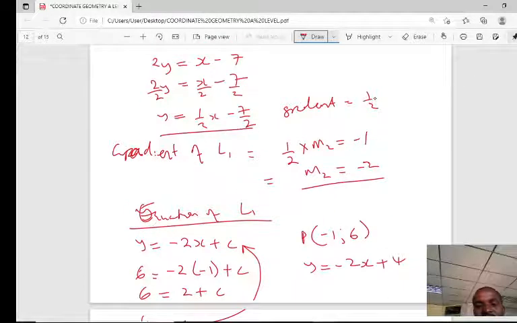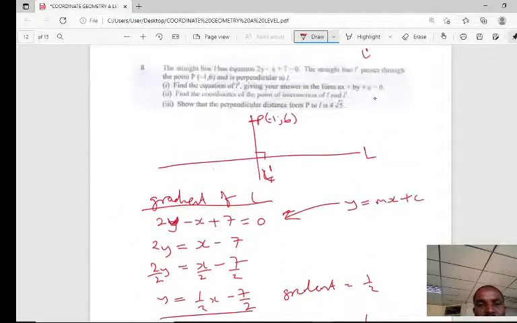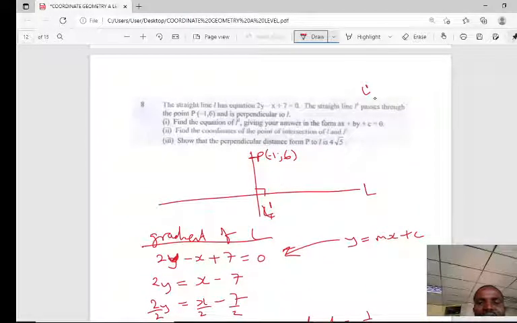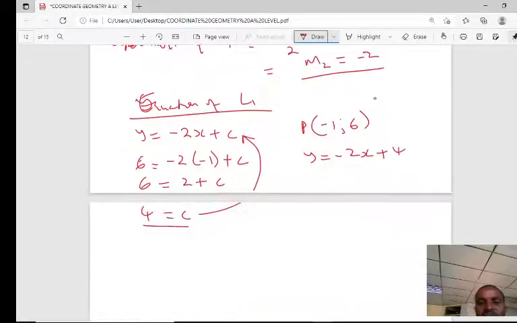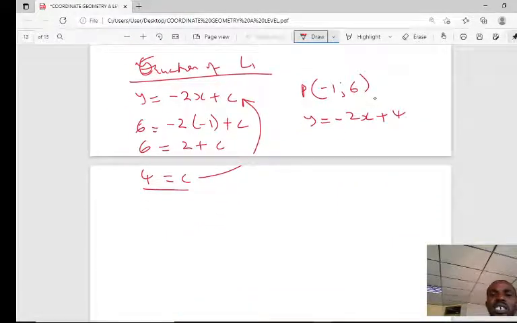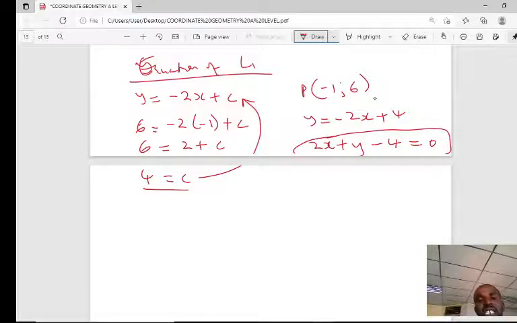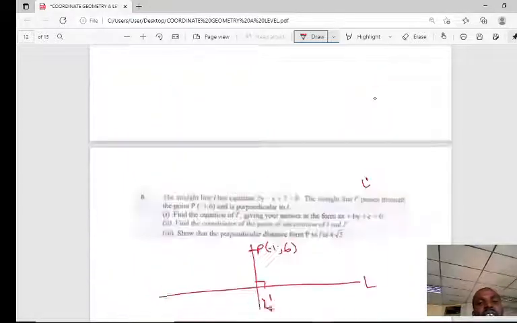But there's a form given here: ax plus by plus c equal to 0, so 2x plus y minus 4 is equal to 0. This is the equation of the line. Done.